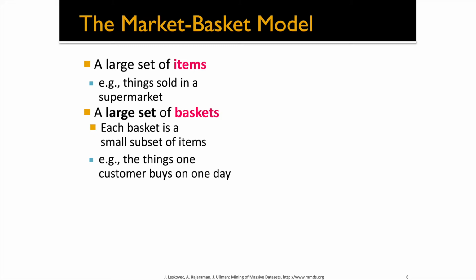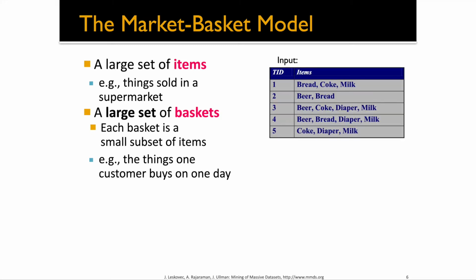Generally, it's thought of as a small collection of things that are purchased together. You can make this a full history, but the main idea is that generally the baskets themselves are relatively small.